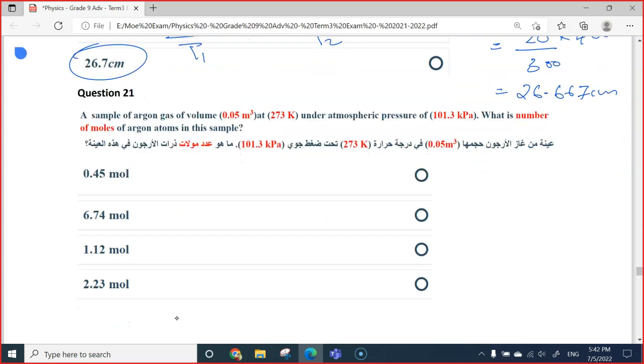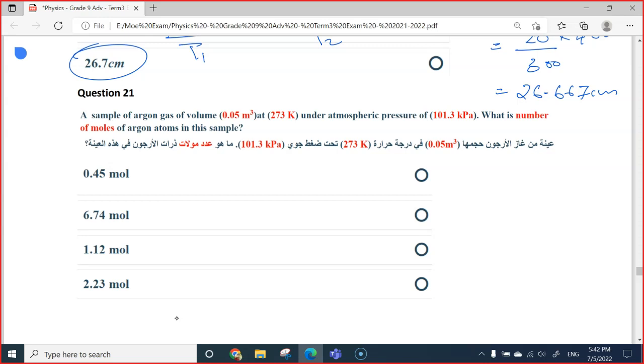A sample of argon gas of volume 0.05 meter cube at a temperature of 273 Kelvin under a pressure of 101.3 kilopascal. What is the number of moles of argon atoms in this sample?